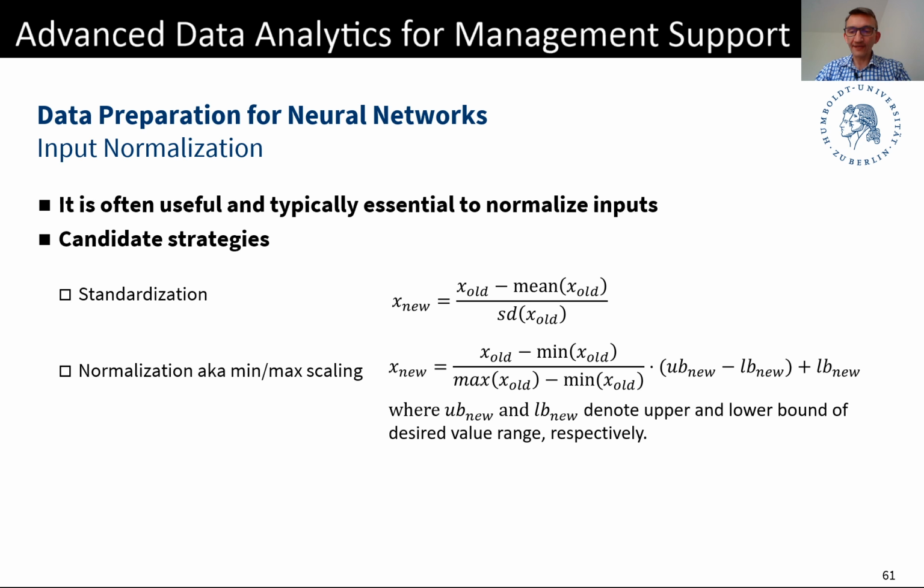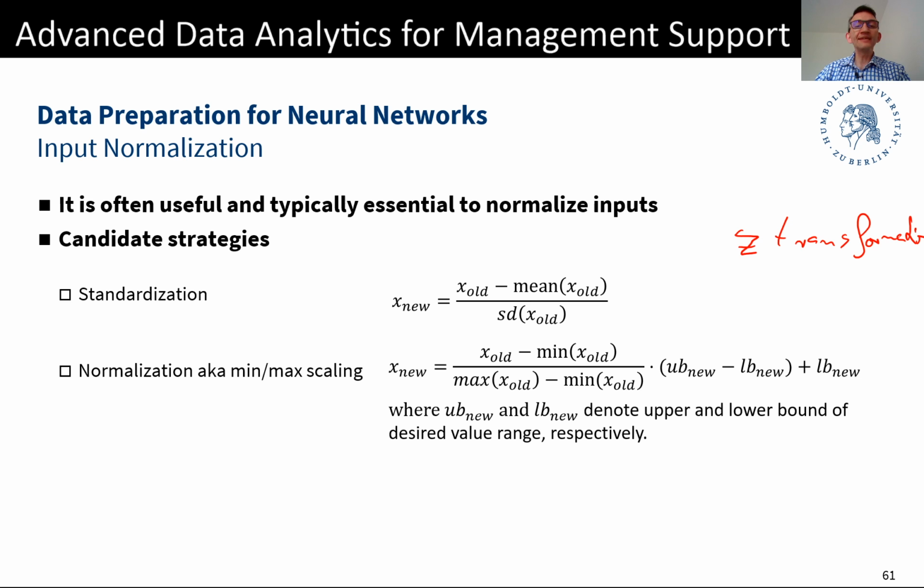You can also call that a Z transformation, what you see here, where you subtract the mean from your feature and then divide by the standard deviation. And it's called Z transformation because this x new is, after the transformation, a variable that should be standard normally distributed.